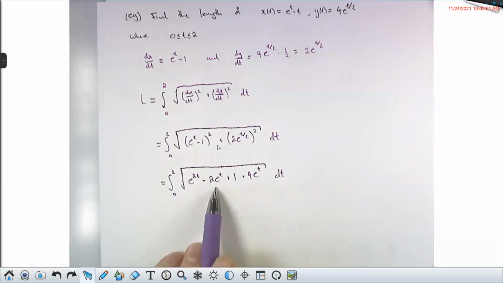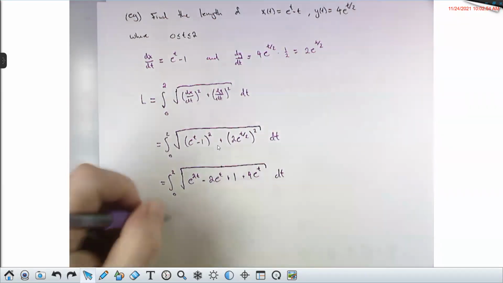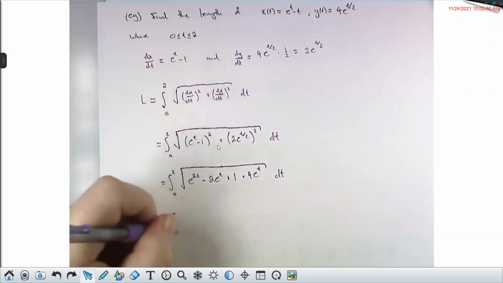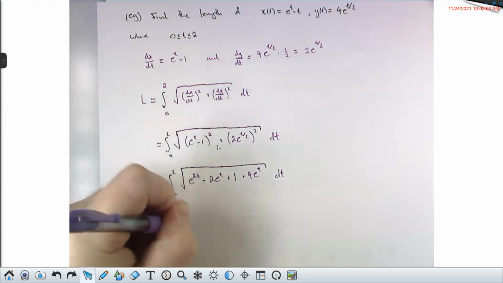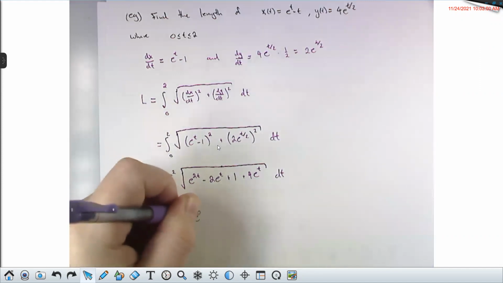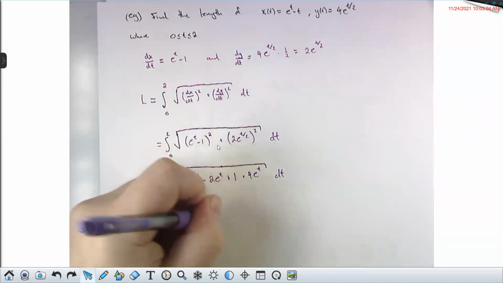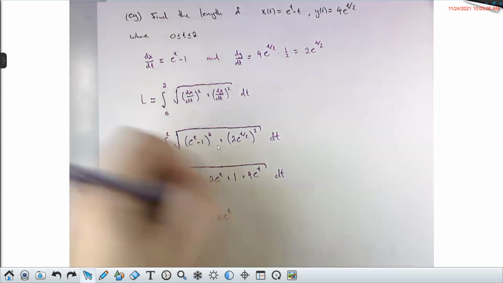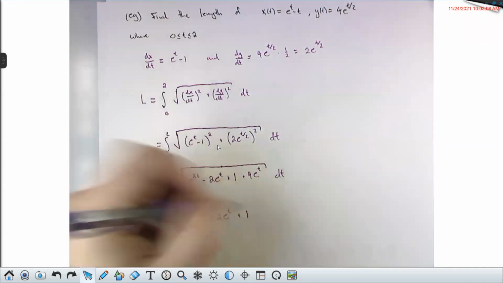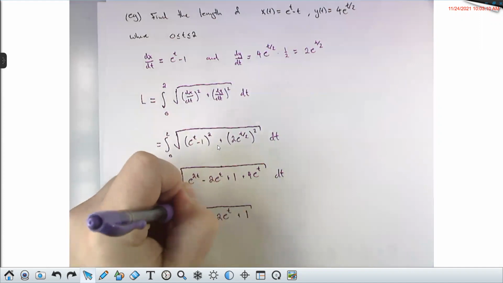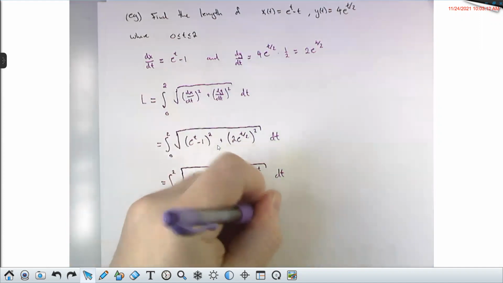And you notice that this term and this term are like terms. This is the integral from 0 to 2 of the square root of e^(2t) - 2e^t + 4e^t, which is plus 2e^t, plus 1, dt.